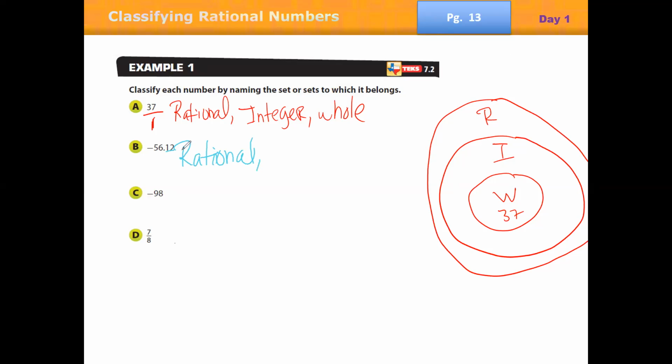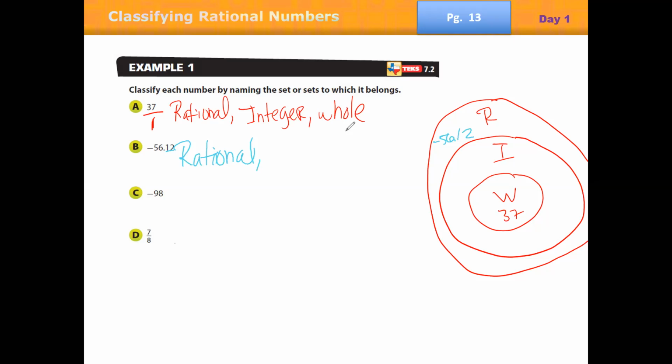The answer would be no, because it's a decimal. I can no longer go any further into this Venn diagram. So that means letter B, negative 56.12, would lie here. And that's it. It is not an integer, and it is not a whole number. Okay.